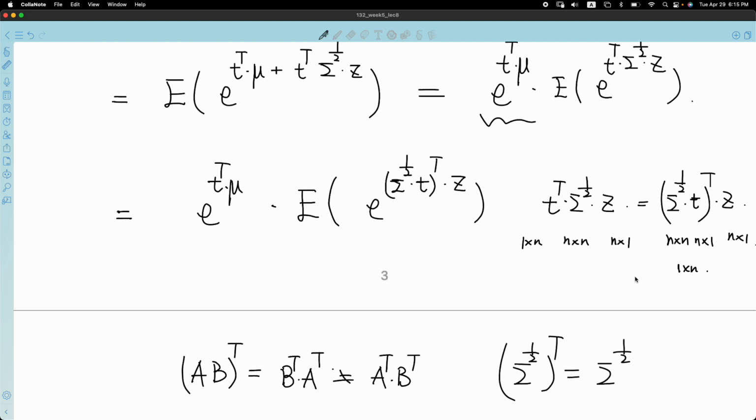Okay, so I'm just working on this term here, and then I'm grouping T transpose sigma, and applying this one here. I group these two together. So A, B, C, I'm grouping A, B multiplied by C. But the A, B, you need to write in the reverse order so that it makes sense here, okay?